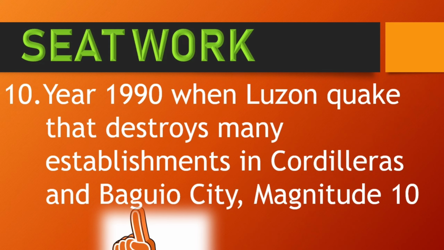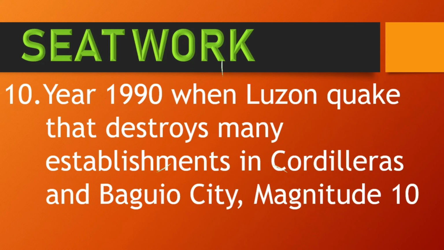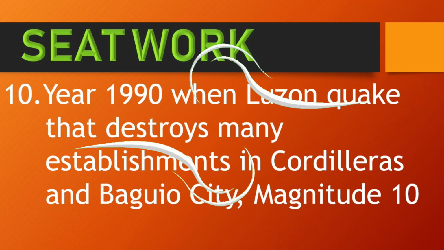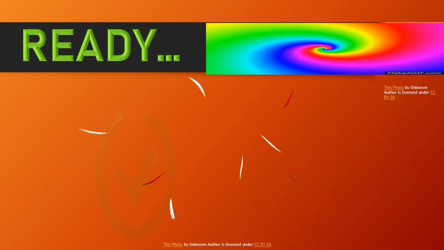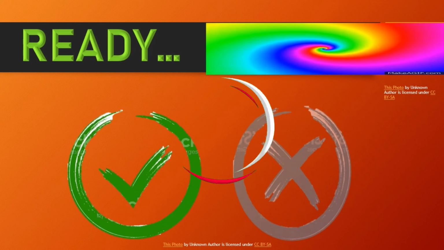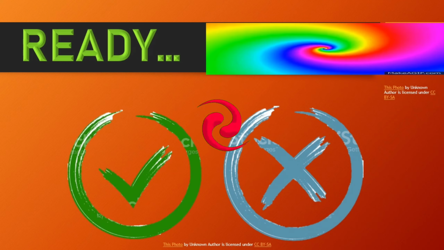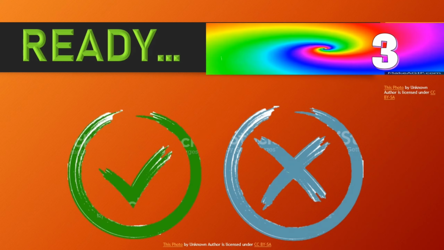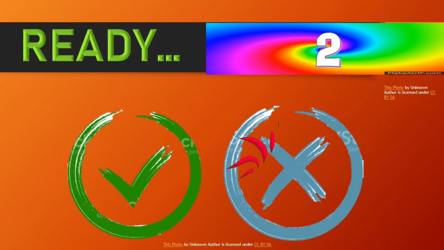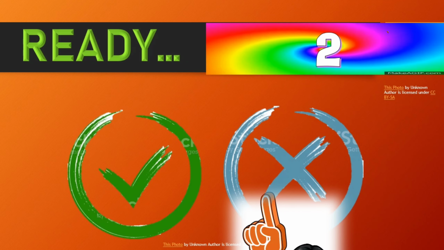Number 10. Year 1990, when Luzon quake destroyed many establishments in Cordilleras and Baguio City. That is magnitude 10. Wrong. The right answer is 7.7 magnitude.